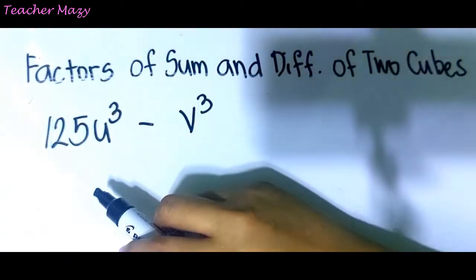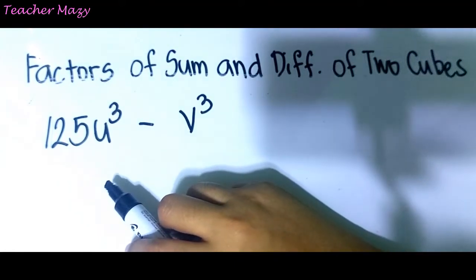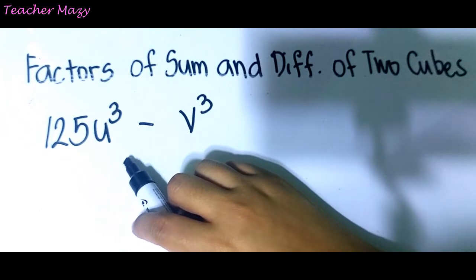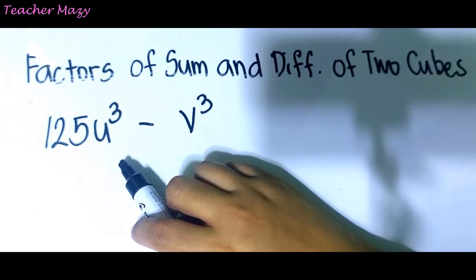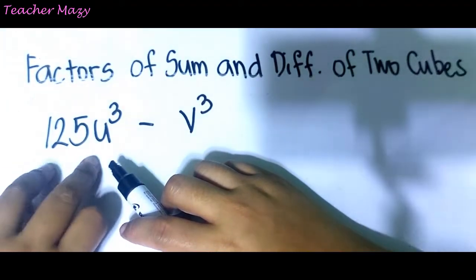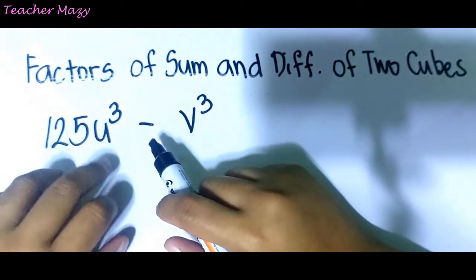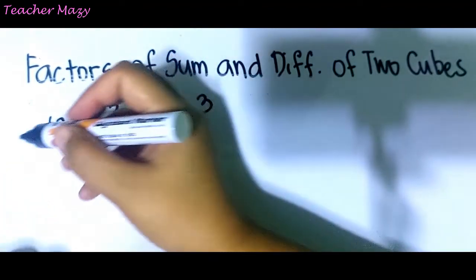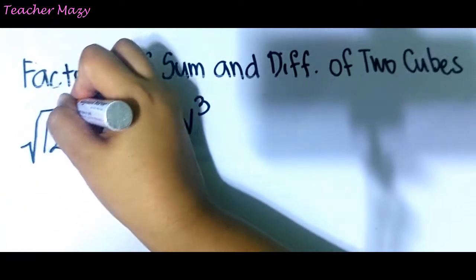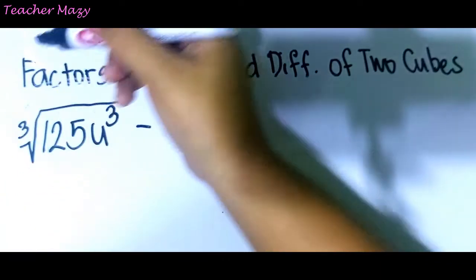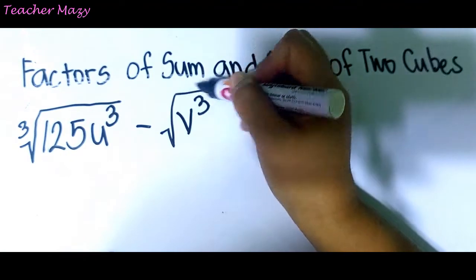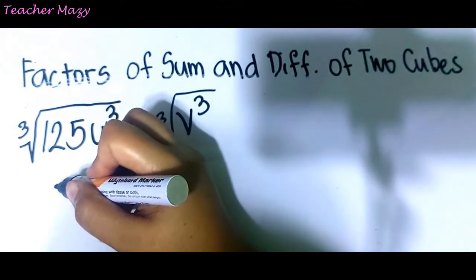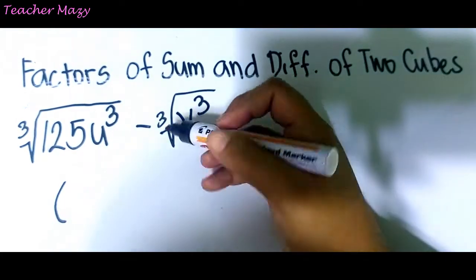Okay, another one. Let's find the factors of sum and difference for these two cubes here. So we have 125u cubed minus v cubed. Again, for the first step, we need to get the cube root for the given terms.